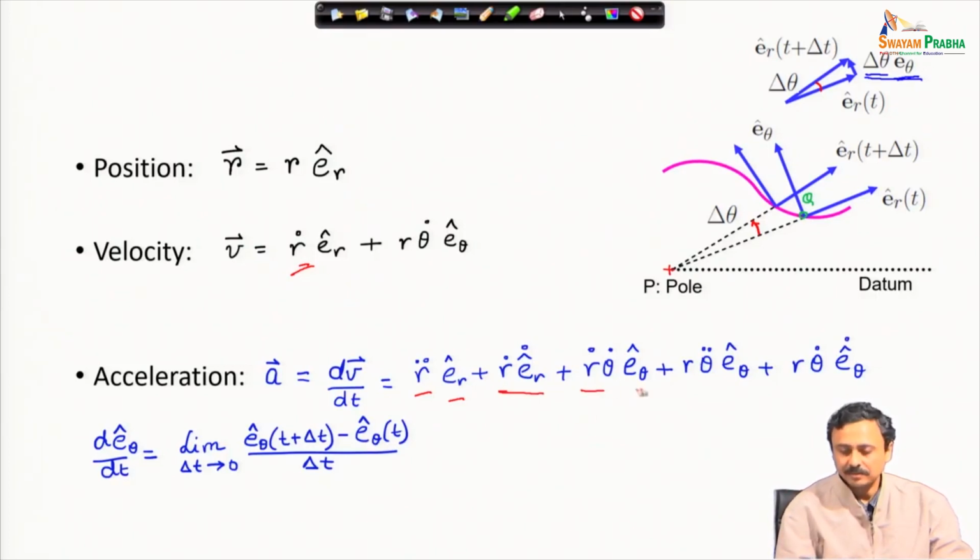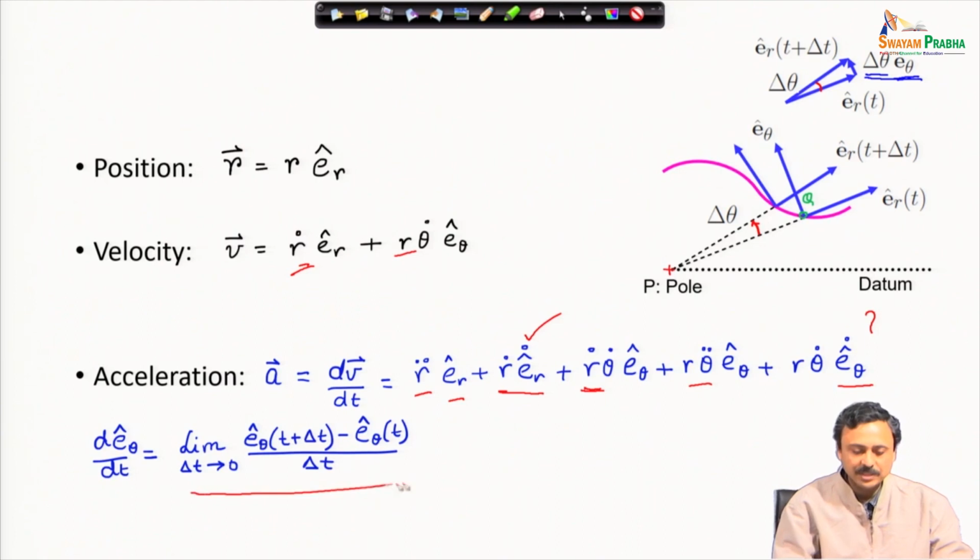Then here there are 3 terms, because r first gets differentiated, then theta dot gets differentiated, and finally the frame gets differentiated. So, we have this as the complete expression of acceleration, of which we already know what is Er dot. So, this we know, but this is yet to be found out, E theta dot, and we follow the same prescription.